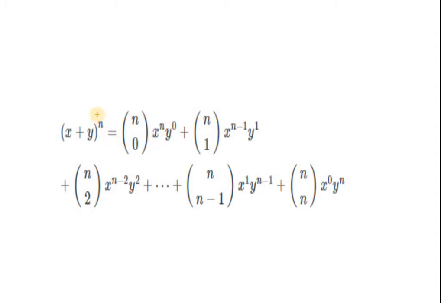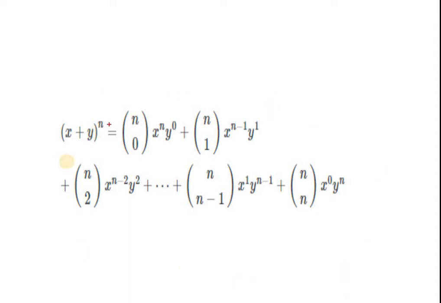Similarly, the sum of the exponent of x and y in the second term is also n. That is n minus 1 plus 1 is equal to n, n minus 2 plus 2 is equal to n, 1 plus n minus 1 is equal to n. So the sum of the exponent of x and y in every term is n, and that n is the exponent of the binomial expression.